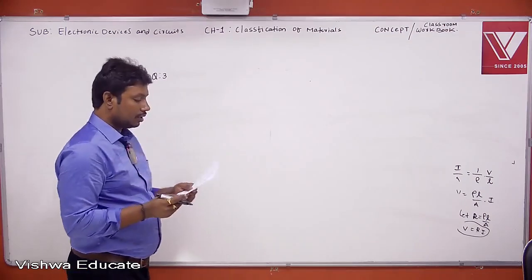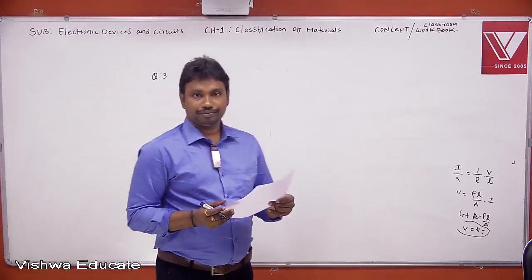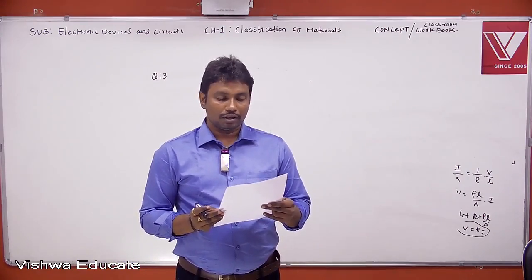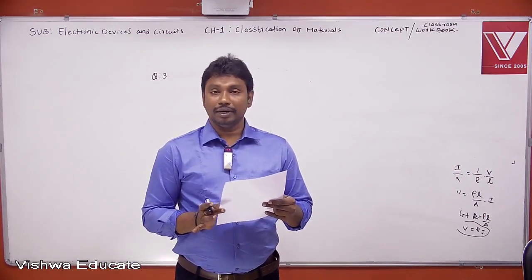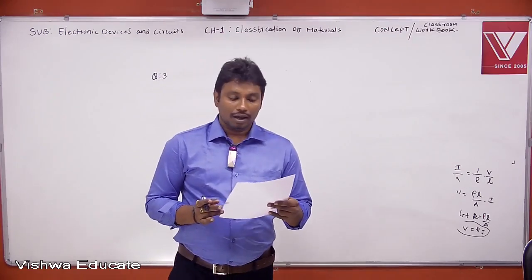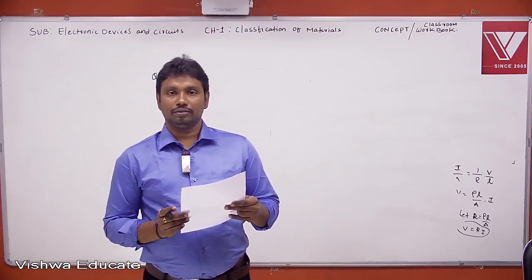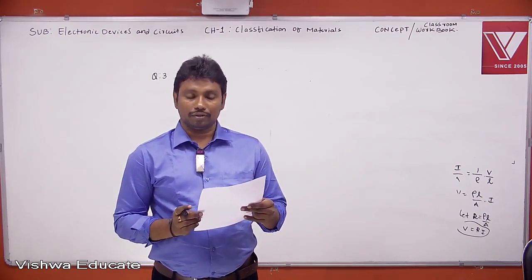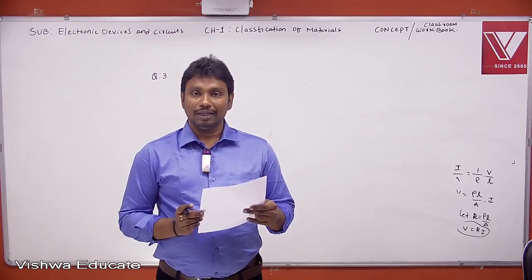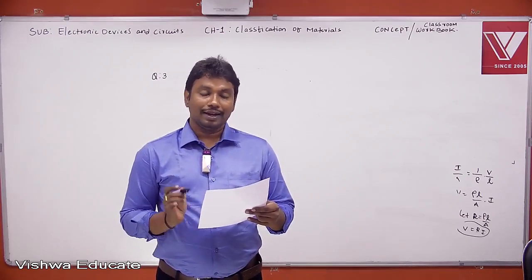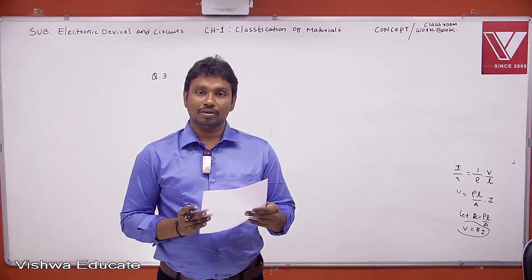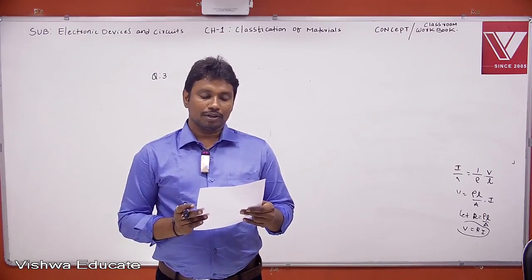Write down the question. A copper wire of length 300 meters and diameter of 1 millimeter has a resistance of 6.5 ohms.